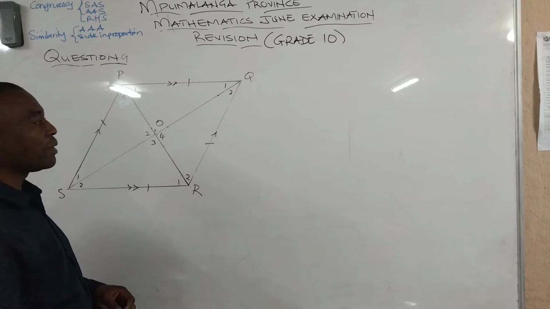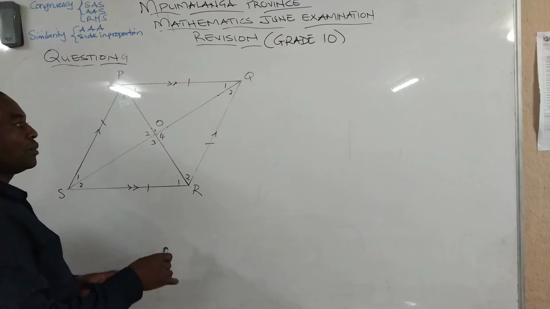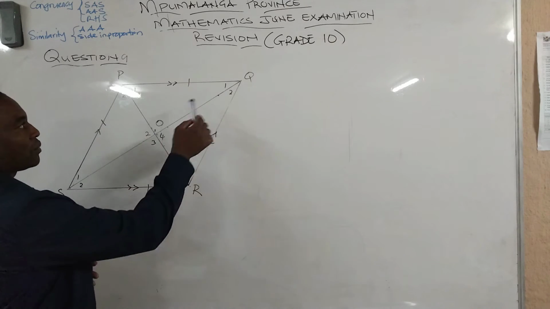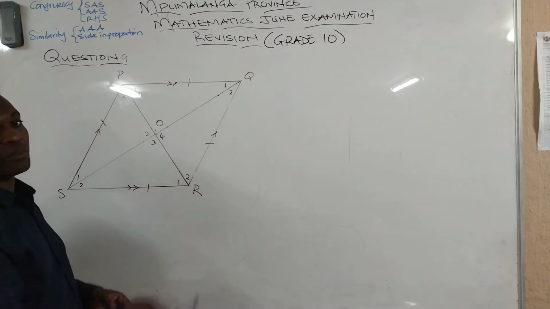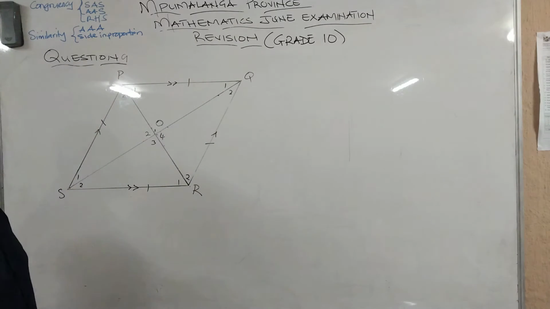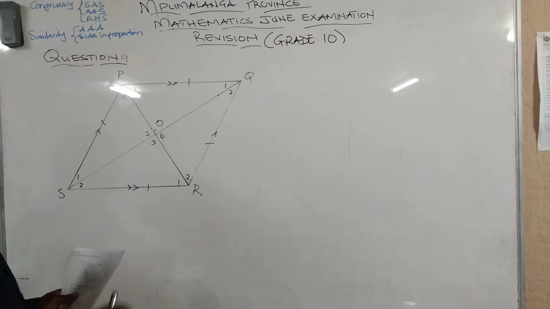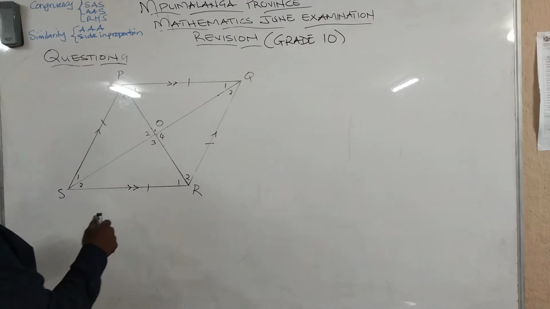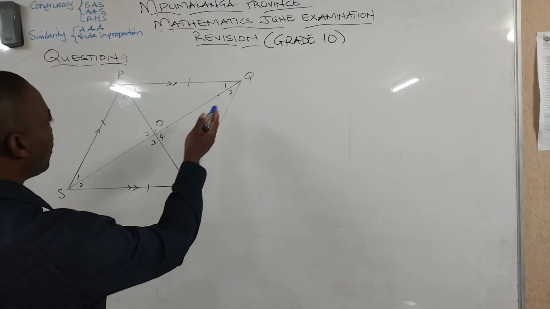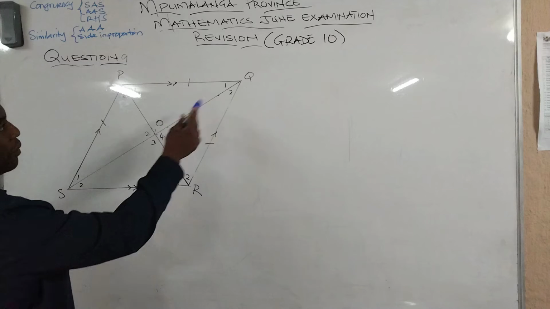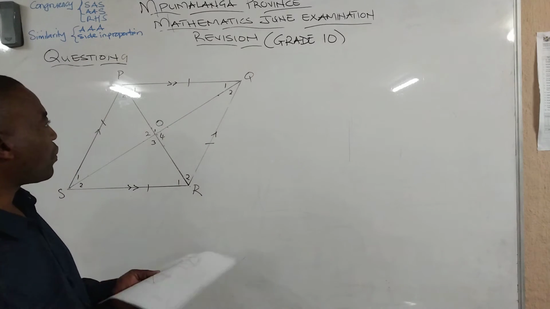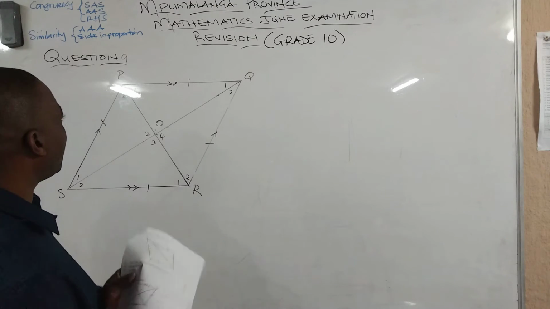So the examiner is saying, show that SO is equal to OQ, PO is equal to OR, using a proof, not the knowledge that you have about the rhombus. So under proofs, you can take triangle POS and triangle QOR, or POQ and triangle SOR, and prove congruence there.